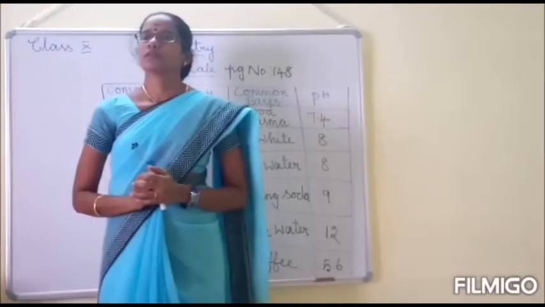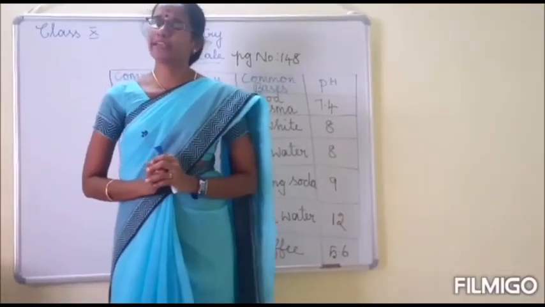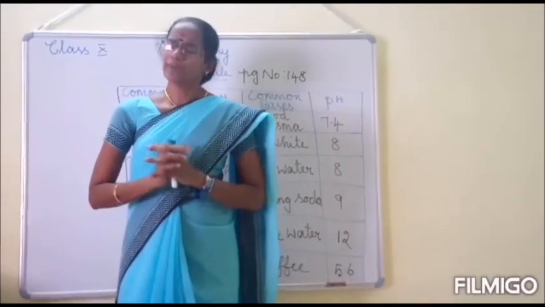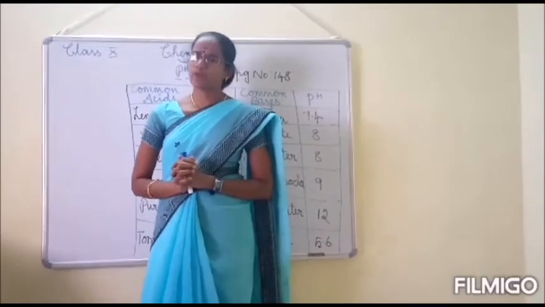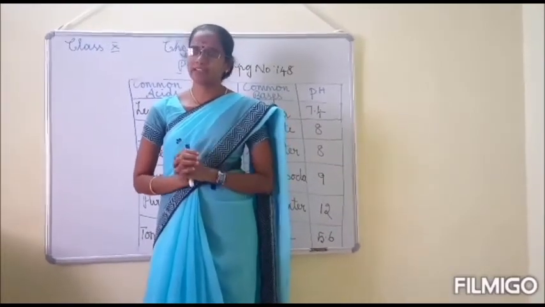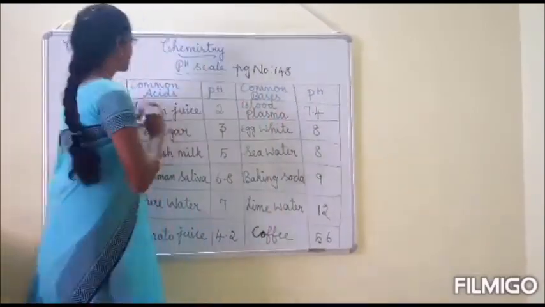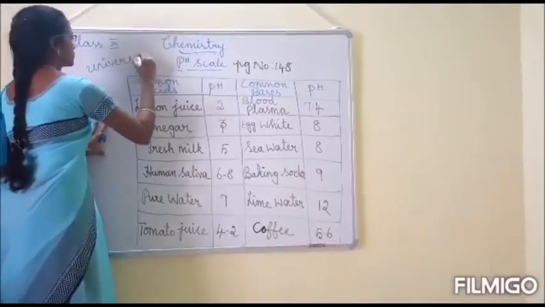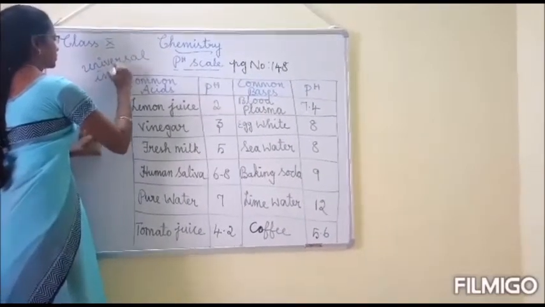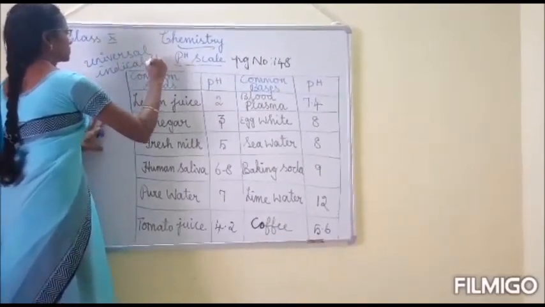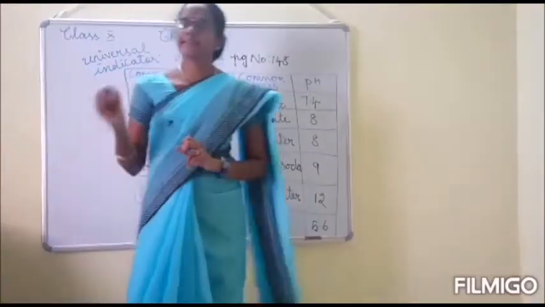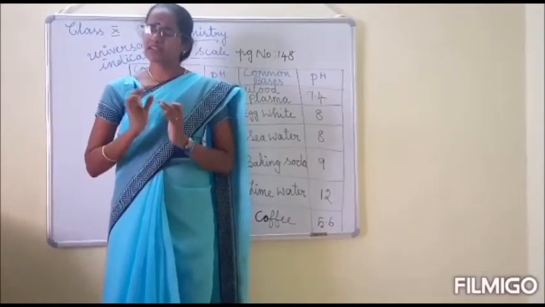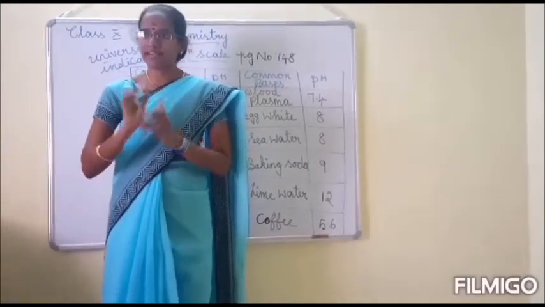How can we measure the pH of a given solution using pH paper? The pH of a solution can be determined by using an indicator called the universal indicator. This universal indicator contains a mixture of dyes.